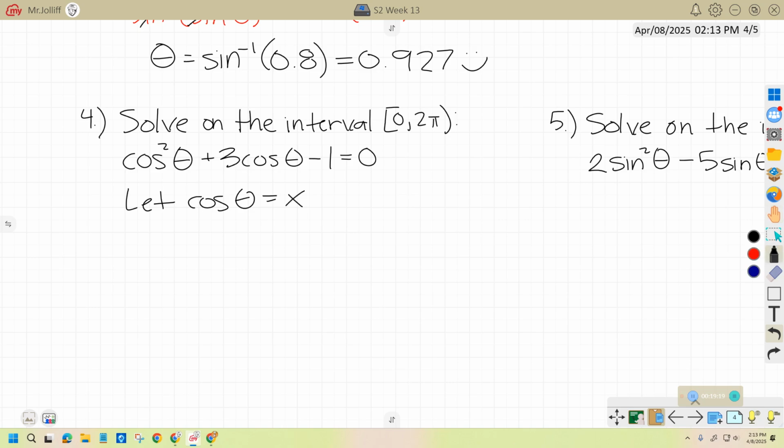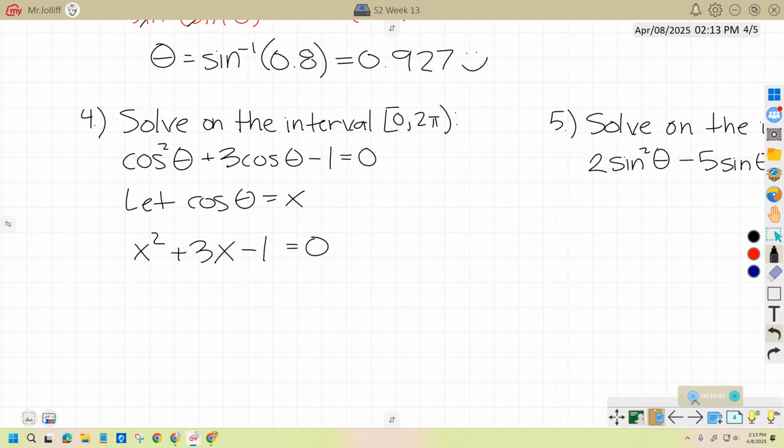So I'm going to rewrite that, and everywhere I see a cos, I replace it with an x. So cos squared is just x squared. And then I have 3 times x, minus 1 equals 0. And to me, that looks way less scary.